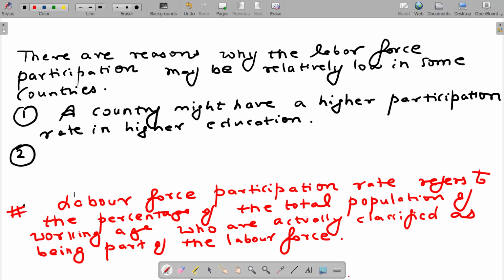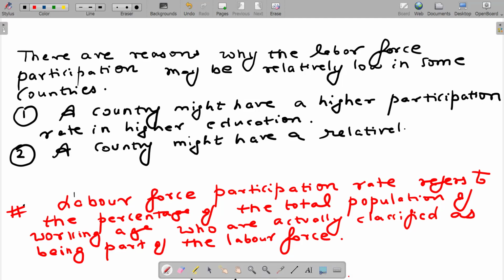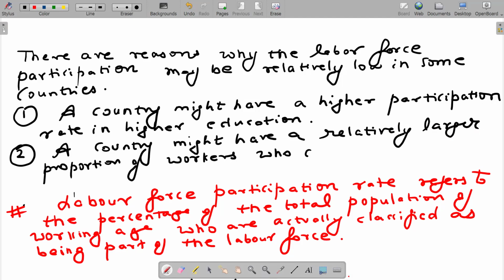Second reason for a low labor force participation would be a country might have a relatively larger proportion of workers who decide to take early retirement.